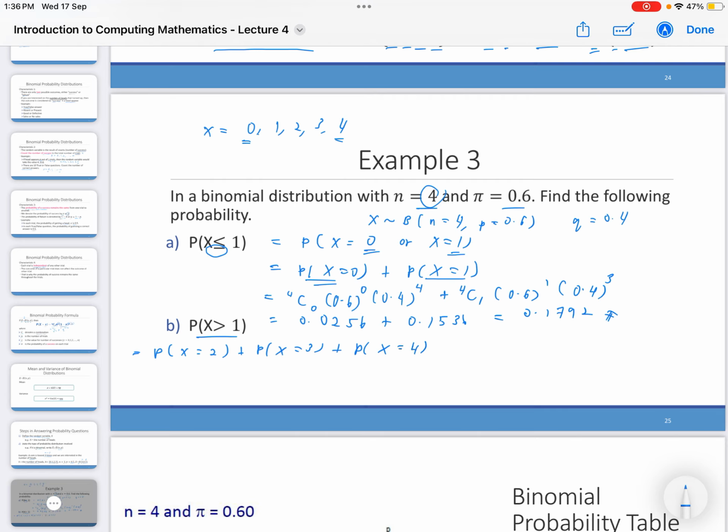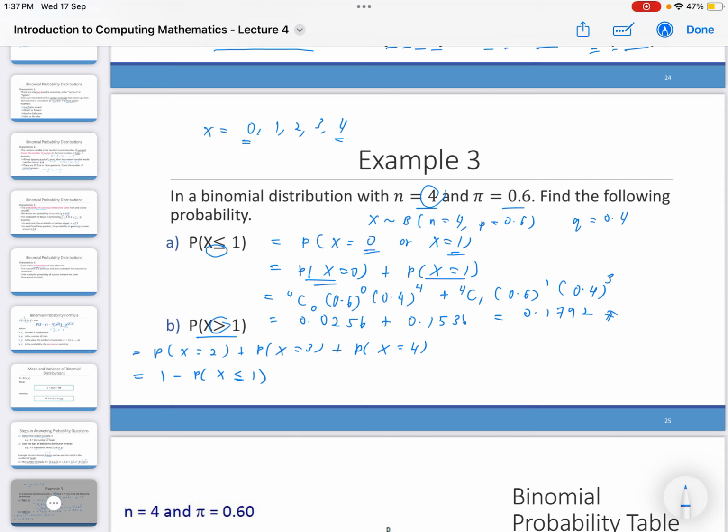Or actually you can use the complement rule here. So remember this complement rule, this one equals 1 minus probability of x less than or equal to 1. Over here it is greater than 1, so when we complement, it should be less than or equal to 1. So we include the equal sign here.